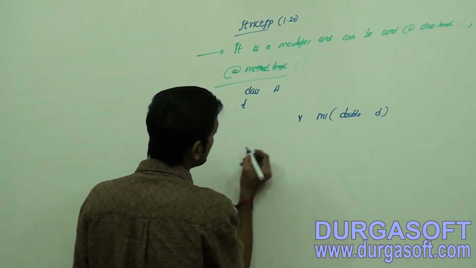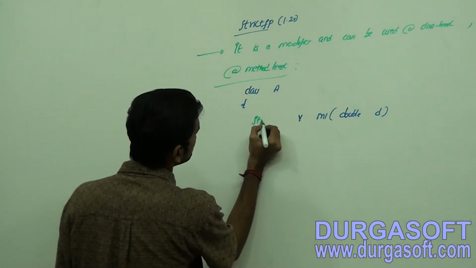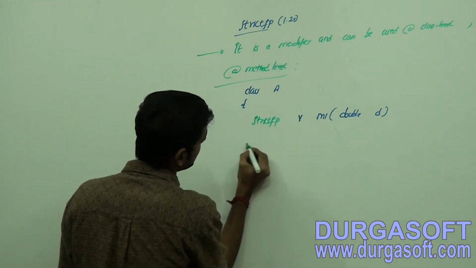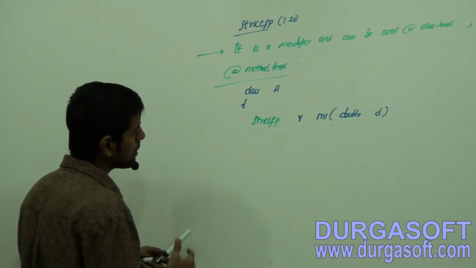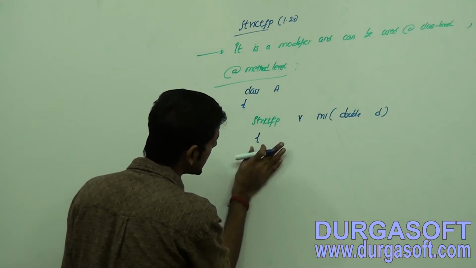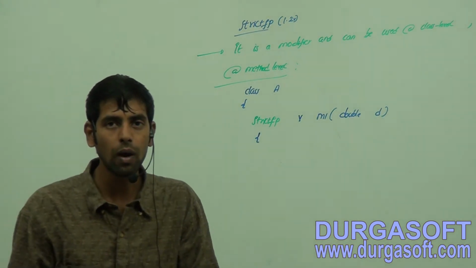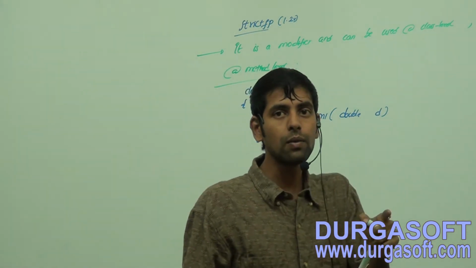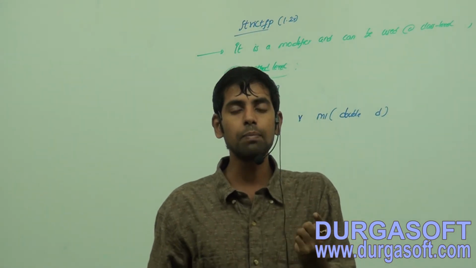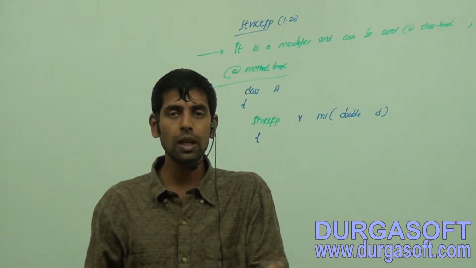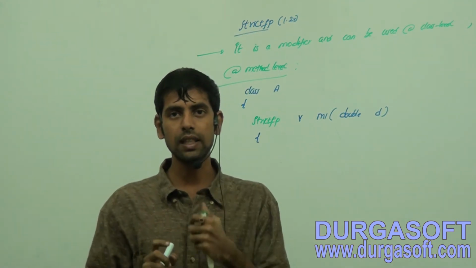Now I declared this method as strictfp. Strictfp means the person who provides the implementation for this method m1 has to follow the IEEE 754 standard. That means that person must give the floating point output with 4 fraction digits.